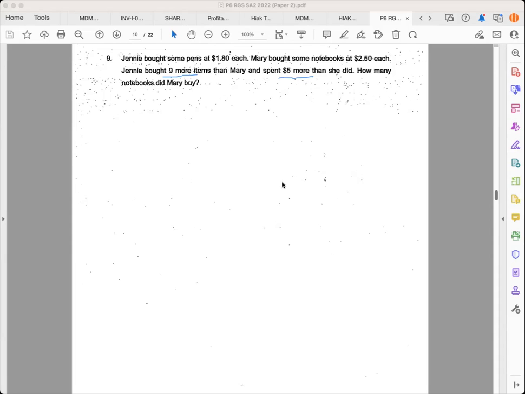So the first model will be a quantity difference model. So we have Jenny that bought only pens, and the pens are 180 each. Okay, so let's draw a model to represent the pens.